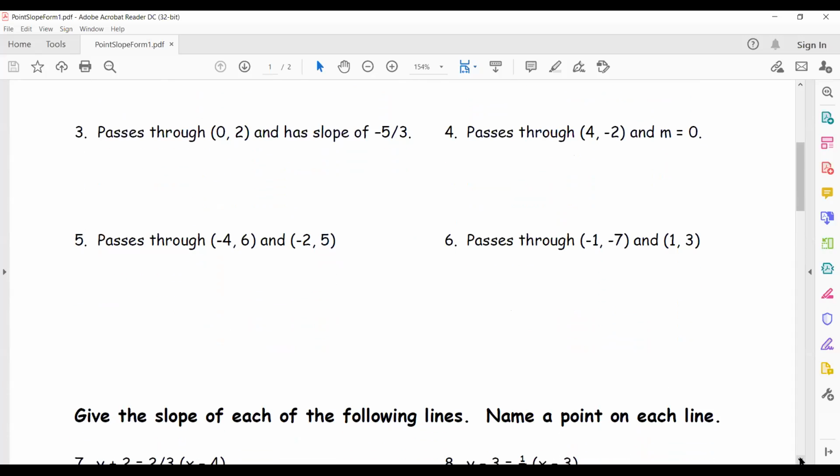What are we going to do with that one? Do we have everything we need to write point slope with number 5? No. What are we missing? The slope, right.